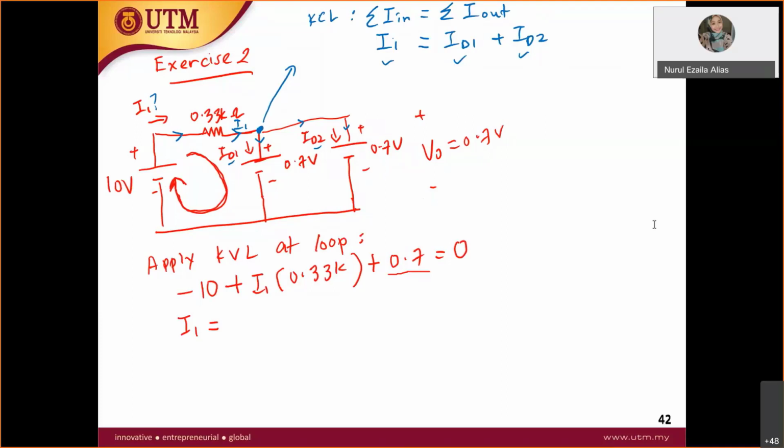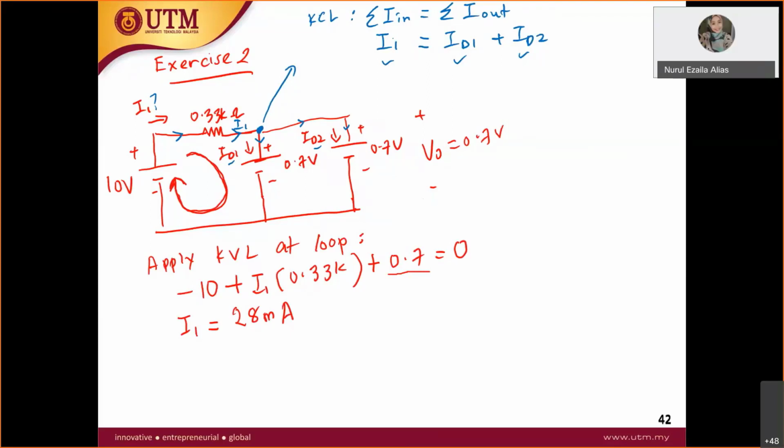Zenjan said 28 milliampere. Okay, 28 milliampere. So all of you get the same value. Great.